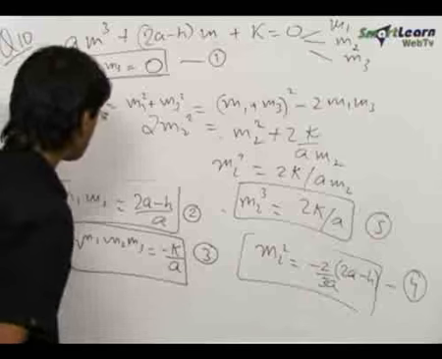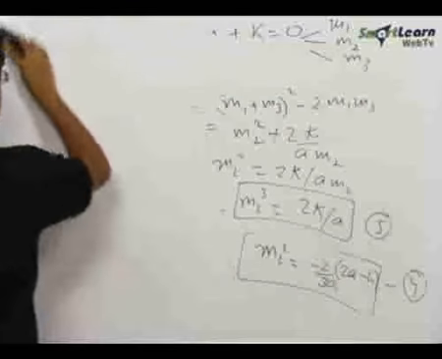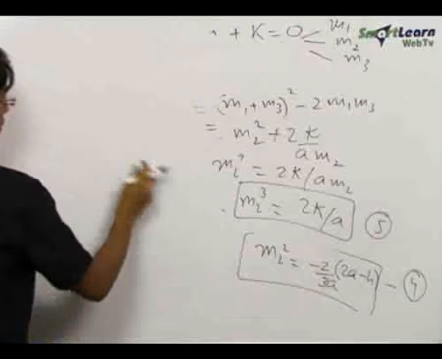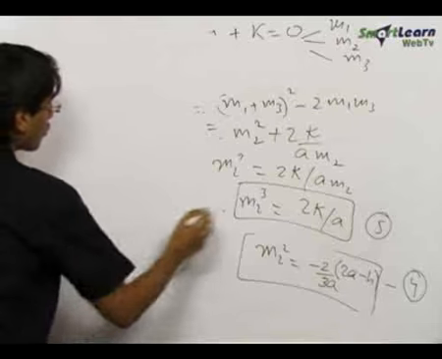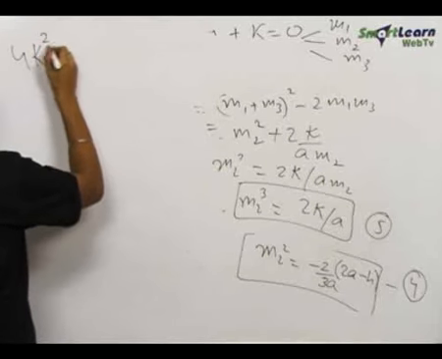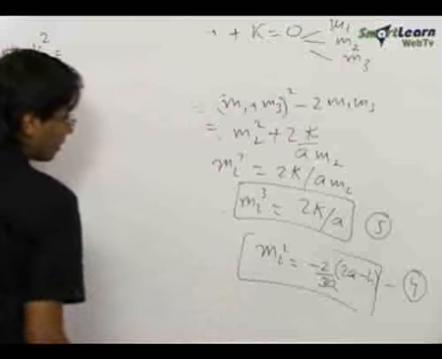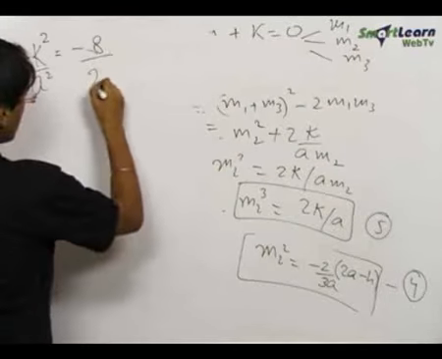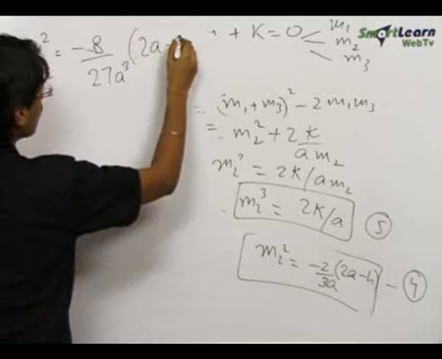Now from the fourth and the fifth equation, we can square here and cube there to get m2 power 6 on both sides. So on squaring this we get 4k square upon a square, and equating this with m2 power 6 over here, we get minus 8 upon 27a cube into 2a minus h whole cube.